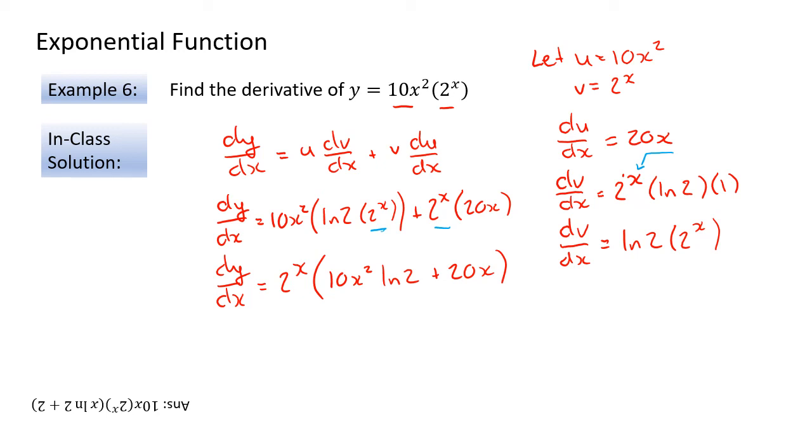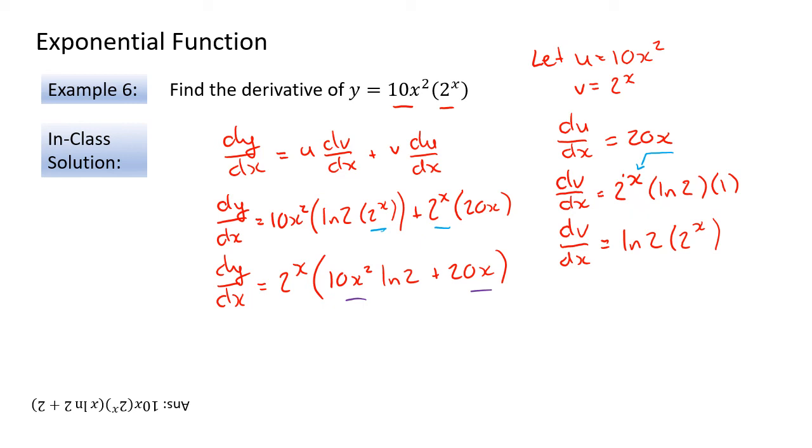The next item that jumps out at me is we have a 10x squared here and a 20x. So we have one x that we can factor out, and we can actually factor out 10, right? Because 10 works in the first, and in the second one, 20 can factor to 10 times 2.